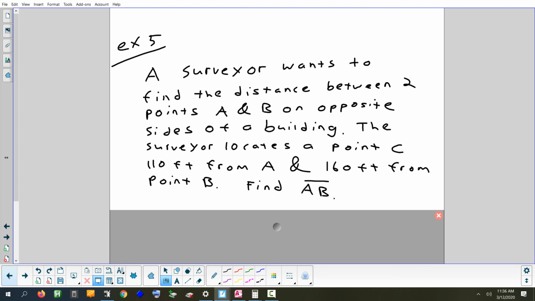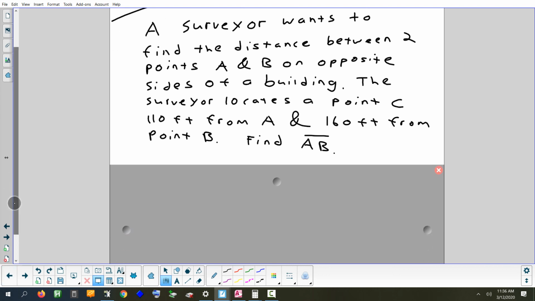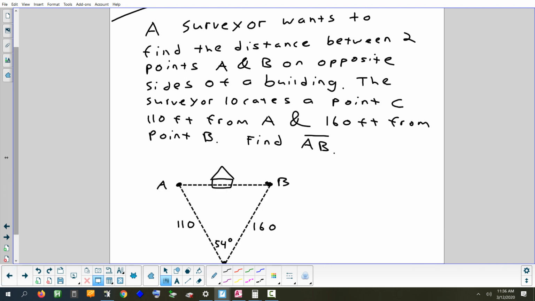Okay, so this one says that a surveyor wants to find the distance between 2 points on opposite sides of a building. So let me show you guys the diagram. You had one kind of like this in the homework last night, where they gave you the diagram, and they tell you angle ACB is 54 degrees.